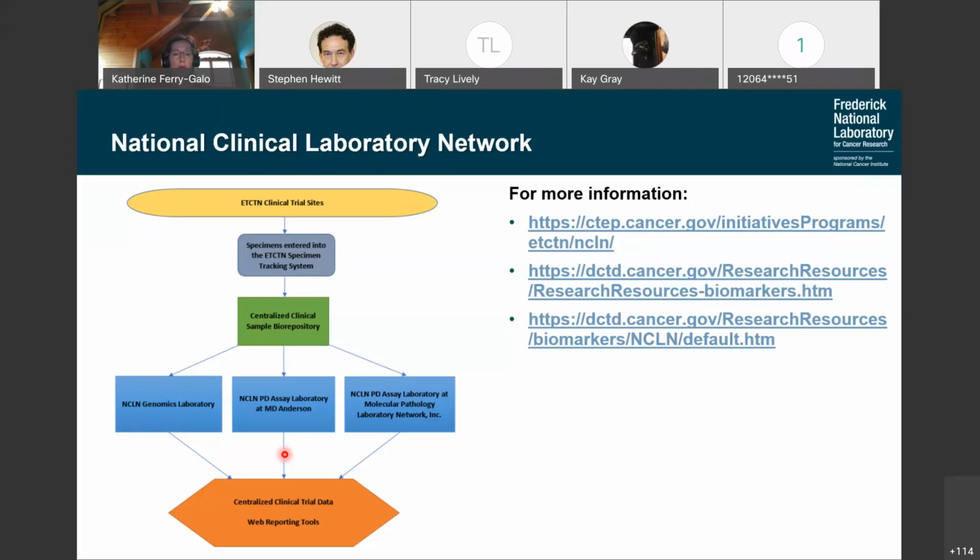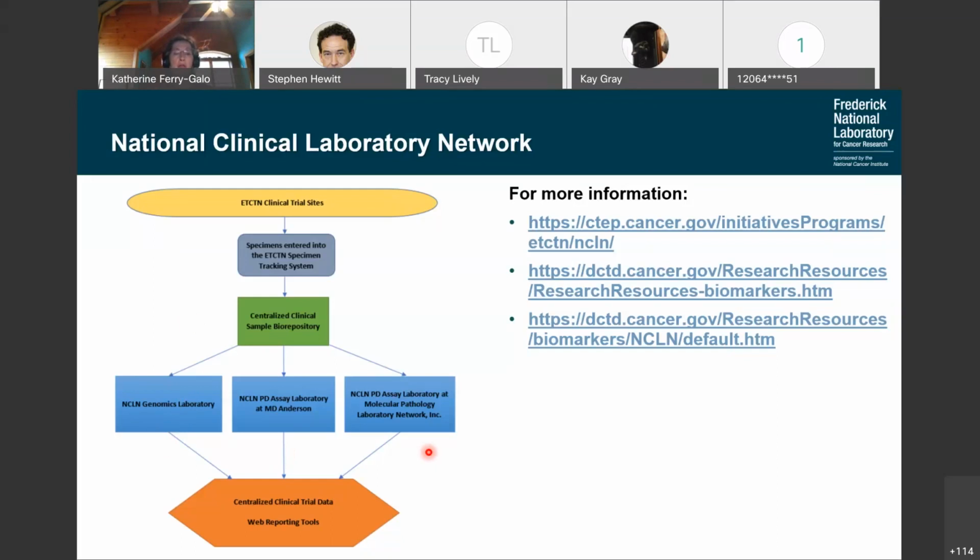And there are 2 pharmacodynamic assay laboratories. One has been established at MD Anderson for quantitative immunofluorescence assays, and another at a laboratory in Tennessee, Molecular Pathology Laboratory Network, for the implementation of pharmacodynamic assays using extraction-based sandwich immunoassays on the Luminex platform.